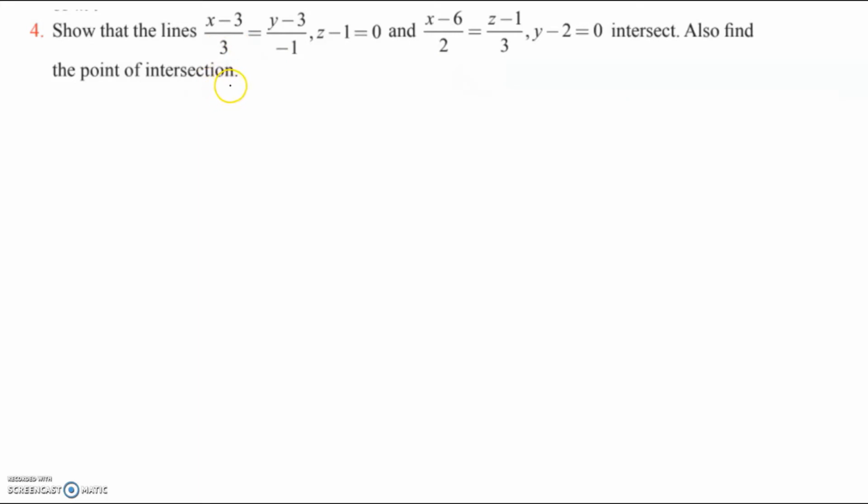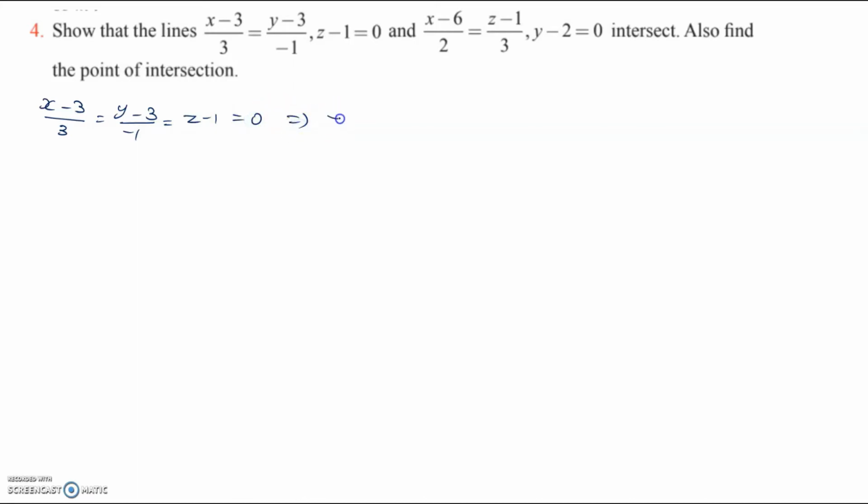To show that these two lines intersect, let's start defining. So let's take the first line and let's jot that down here. (x minus 3) by 3 is equal to (y minus 3) by minus 1 is equal to (z minus 1) by 0.